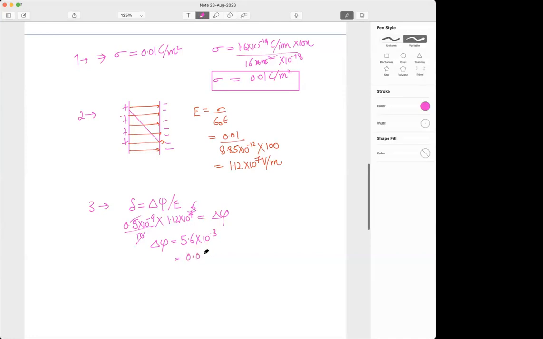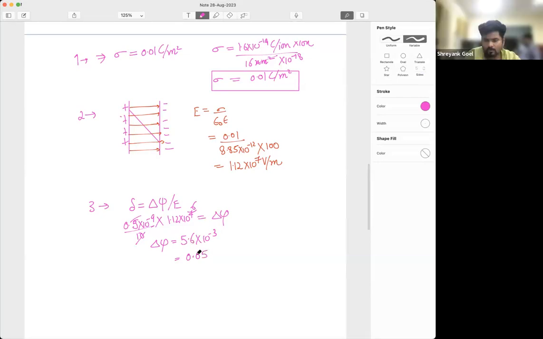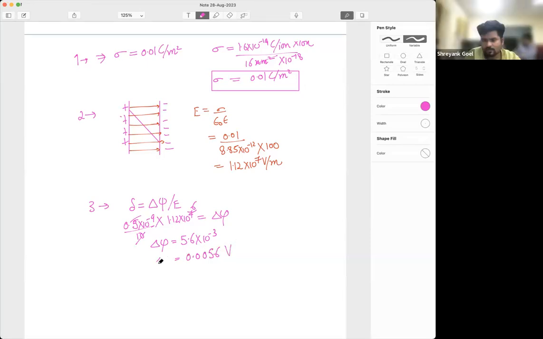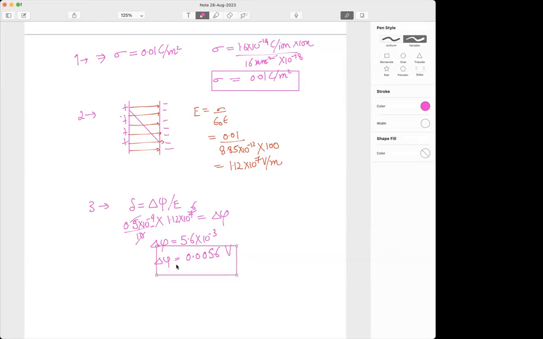Yes, sir, 0.56 into 10 to the power minus 2, so 0.0056. That is volt. Correct? Yes, sir. Any doubt?